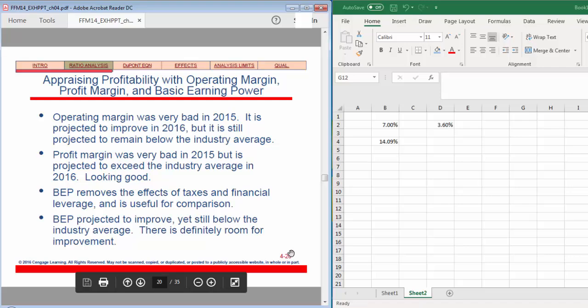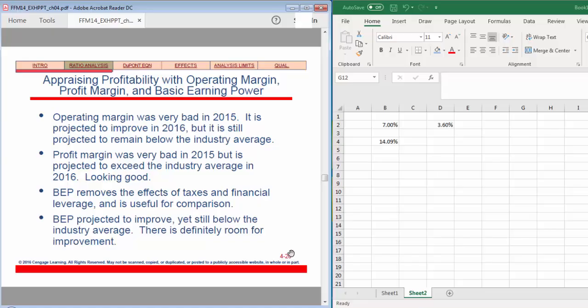So, appraising profitability with operating margin, profit margin, and basic earning power. Operating margin was very bad in 15, as we discussed. It is projected to improve in 16, but it is still projected to remain below industry average. Profit margin was very bad in 15, but it's projected to exceed the industry average in 16, so it's looking good.